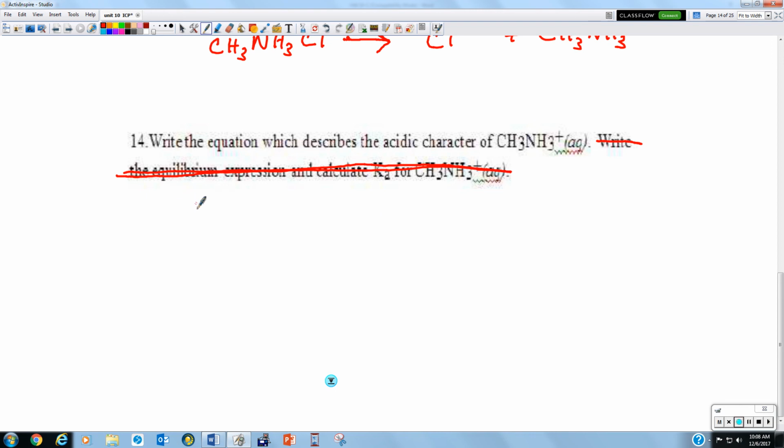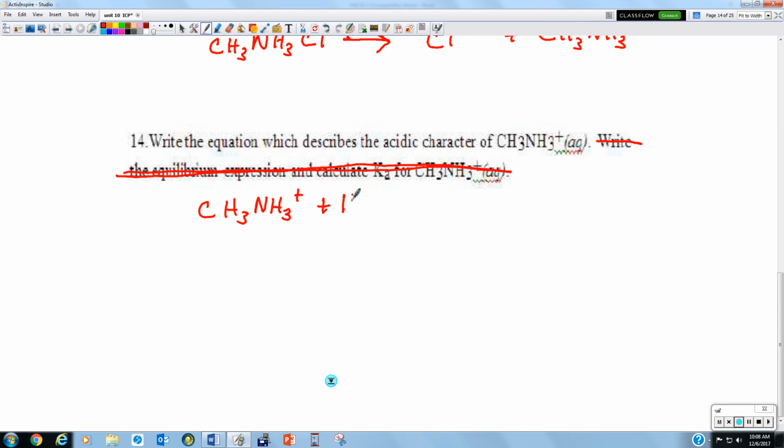It just gave you the information. So we're just going to take our weak ion, or our ion from our weak parent, and figure out what acid and what base was originally there.